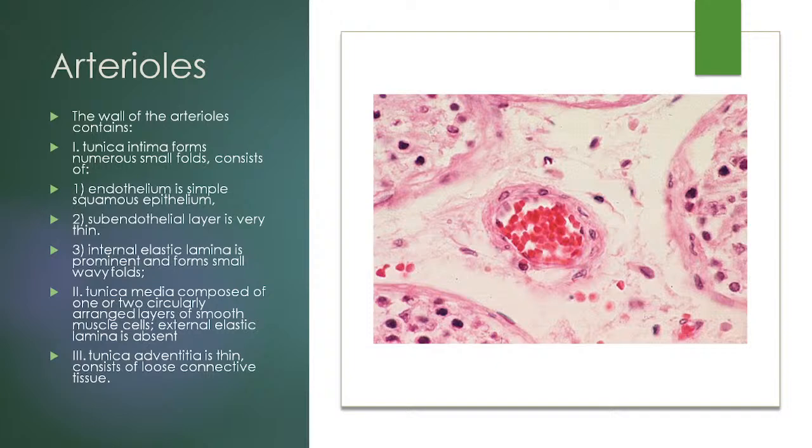Tunica media of arterioles is composed of one or two circularly arranged layers of smooth muscle cells.